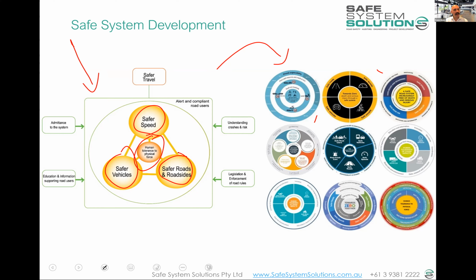They may be involved in crashes and things like that. They may be fined heavily. We don't want it to happen, but our system should cater for people who are not alert and compliant. And then there was the other camp who was going, no, this is a system that humans are involved in its operation, and they must be alert and compliant, and we should look at ways to make them alert and compliant.